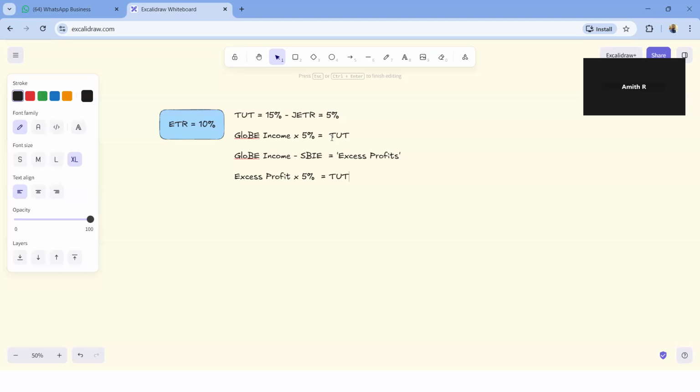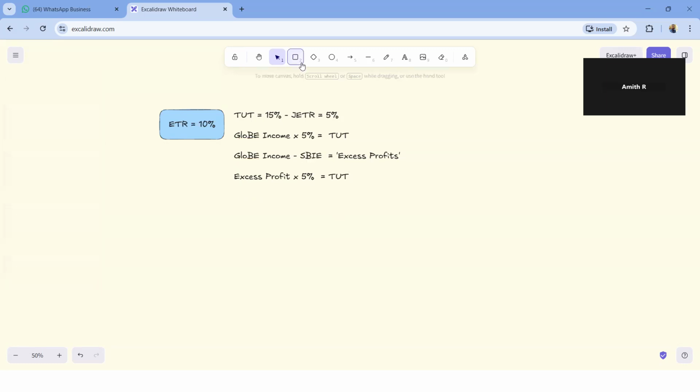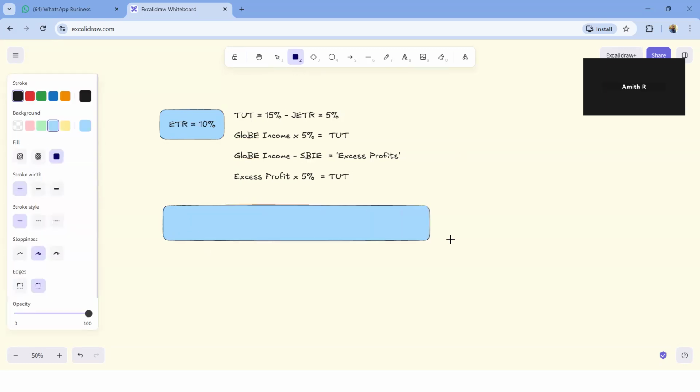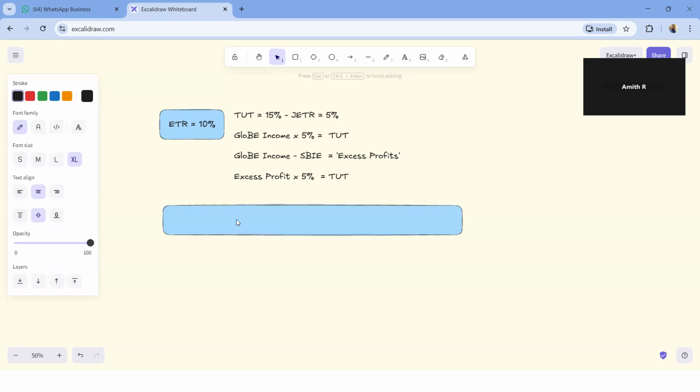Now, what is this SBIE? We know that if you have payroll, if you have tangible assets, then this is something related to this.